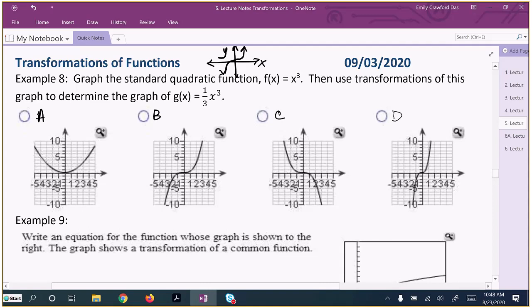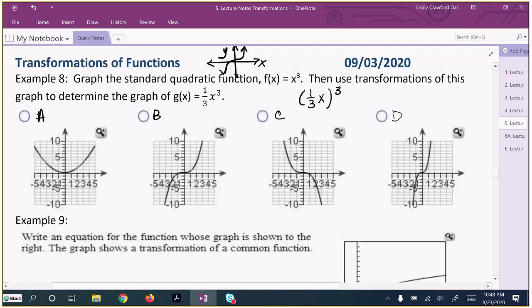What kind of a transformation do I have here? Well, I have the number 1/3 multiplied with the y-coordinate, or outside of the function. So I want to point out the difference here: if I had a horizontal stretch, then this 1/3 would be inside the parentheses.